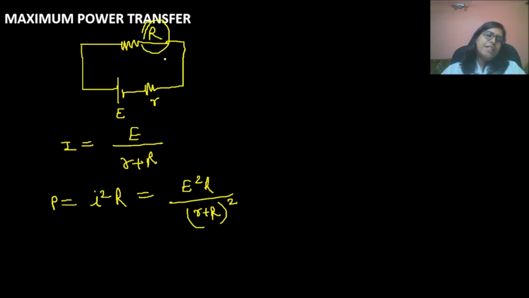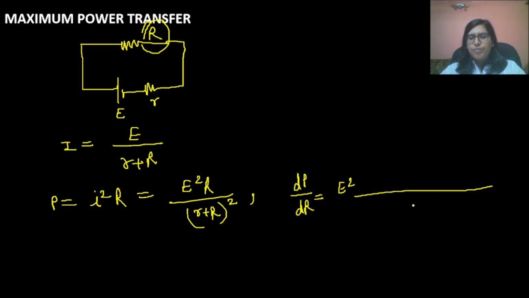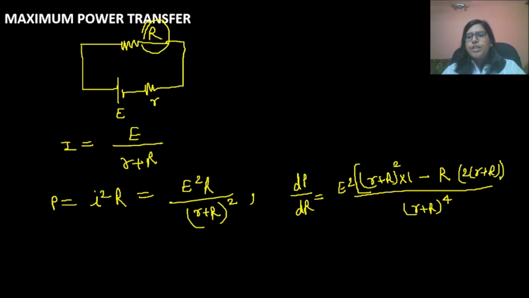So what we will do, we will differentiate this with respect to R, and we will apply the quotient rule. dP upon dR: E square is constant, square of the denominator, so this becomes (R plus r) power 4, and then (R plus r) whole square, differentiation of this term, this is 1 minus R as it is, differentiation of this will be 2 into (R plus r), then differentiation of this 0 plus 1.